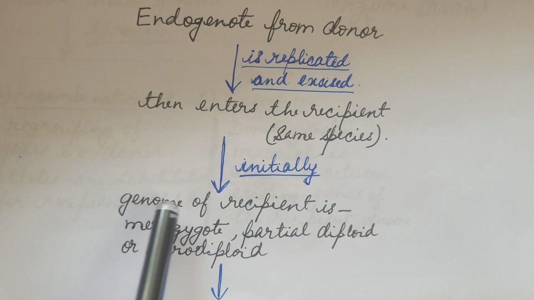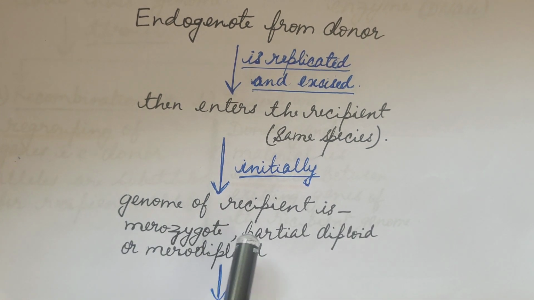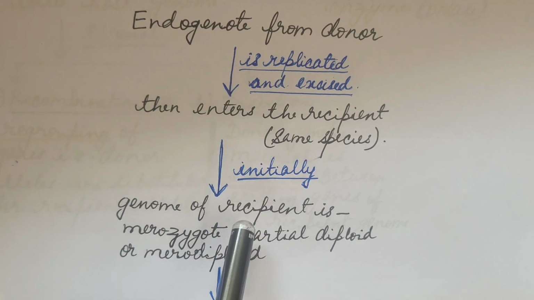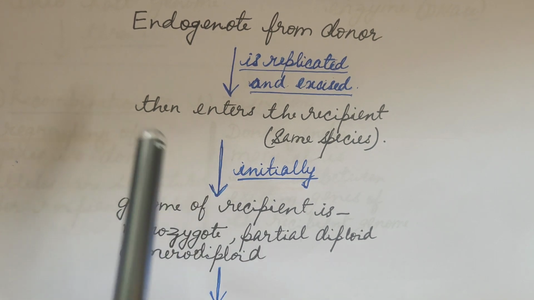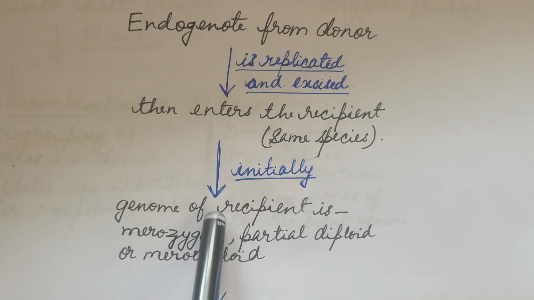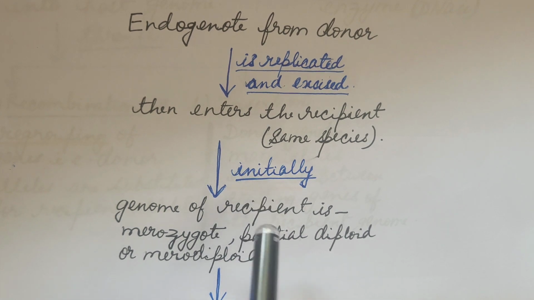Initially, genome of recipient is known as merozygote, partial diploid or merodiploid. This endogenote of the donor is known as exogenote of recipient because it is coming from outside.